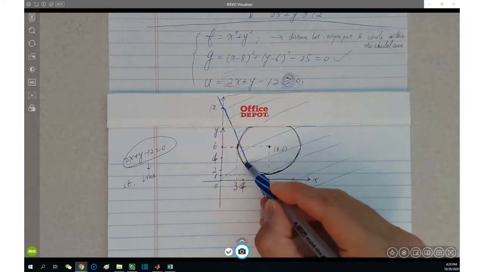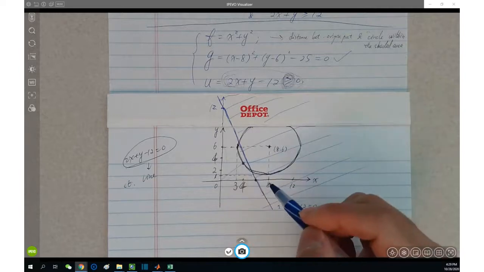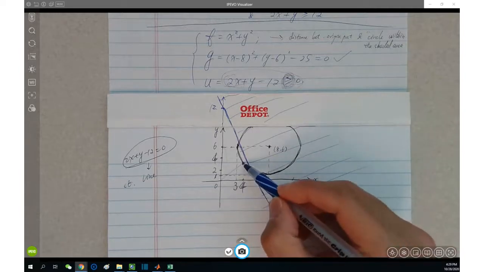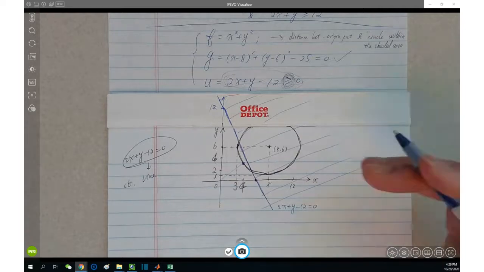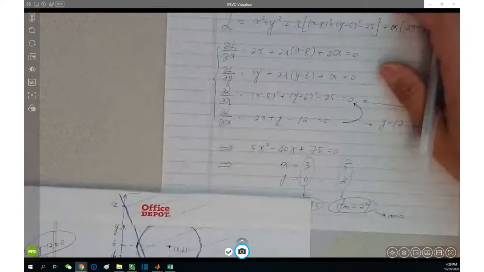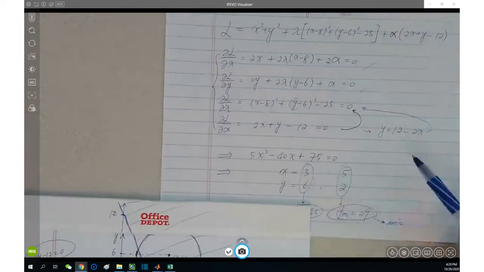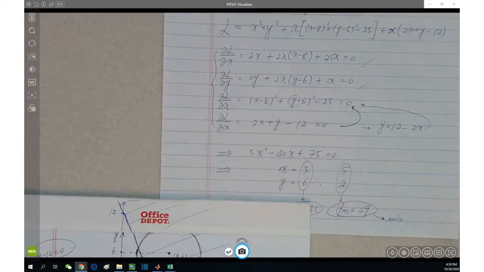Basically this point. Now, this point is obviously not inside of this area, right? So how to find the new minimum value? That's why we have a different answer, different coordinates to make this minimum f happen, right?